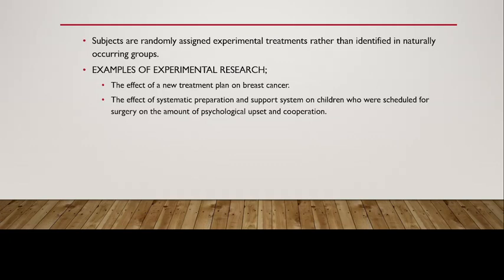So, to mention again the variables, you have the systematic preparation and support system on the psychological upset and cooperation. So again, those are the two variables here. Again, the variable here is manipulated. Okay?